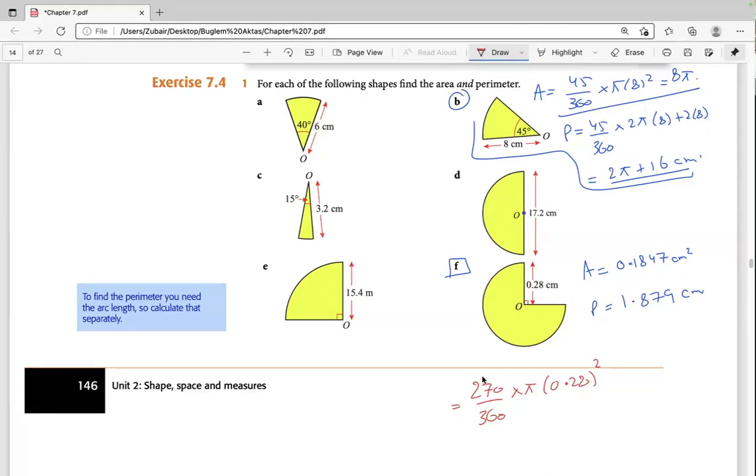Sorry, I can't hear you. This would be angle by 360 into pi r square. So 270 by 360 times pi times 0.28 square is 0.184725.